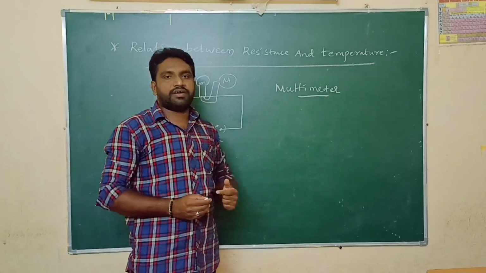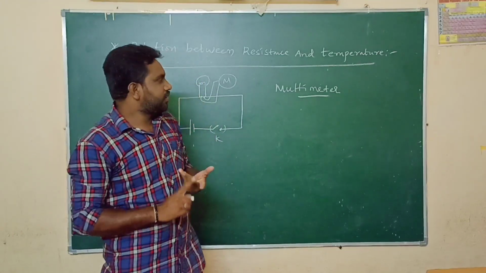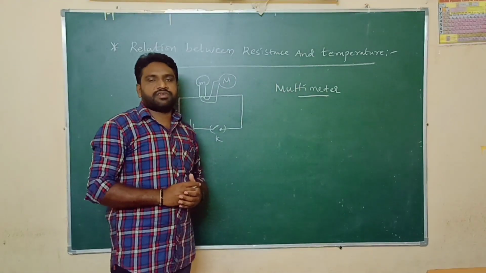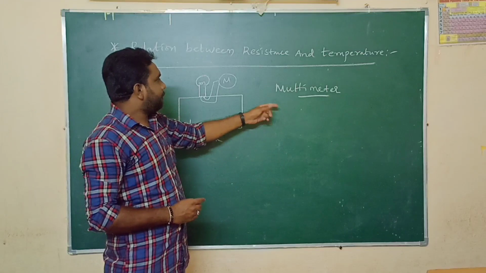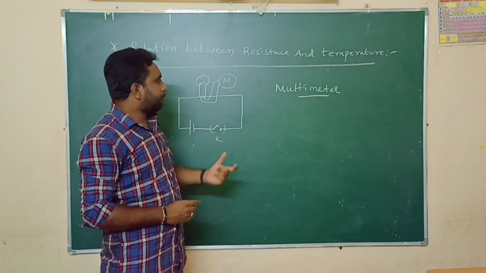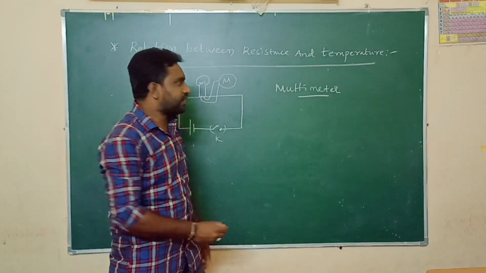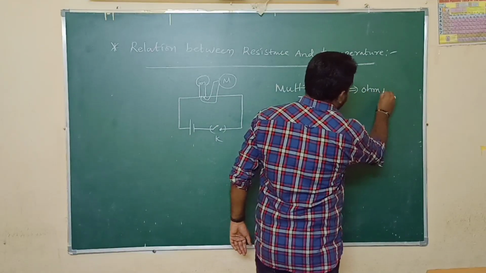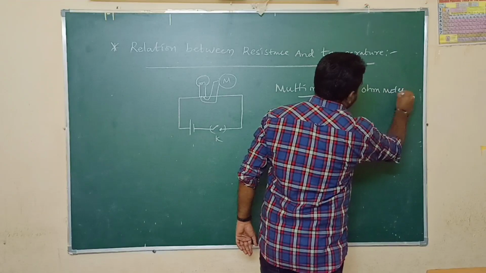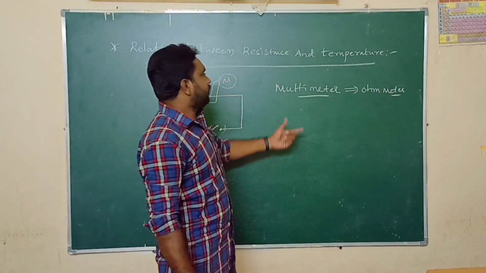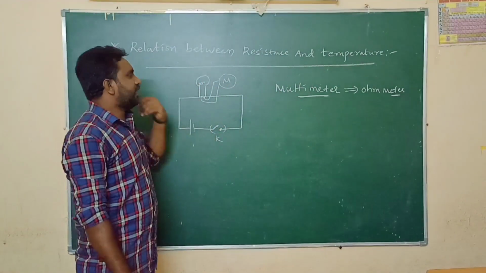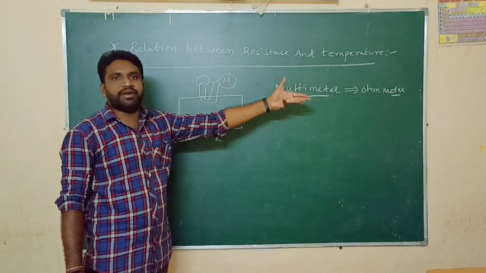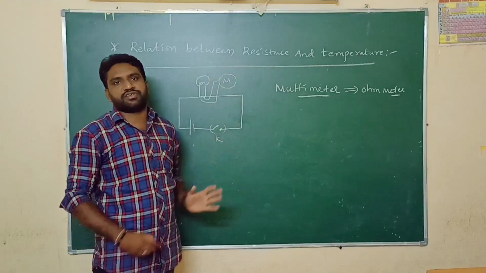Here in this particular experiment, we are going to use a multimeter as an ohm meter. Before connecting the multimeter to the electric bulb, we should change the mode of the multimeter into ohm meter. Then it can measure the resistance.